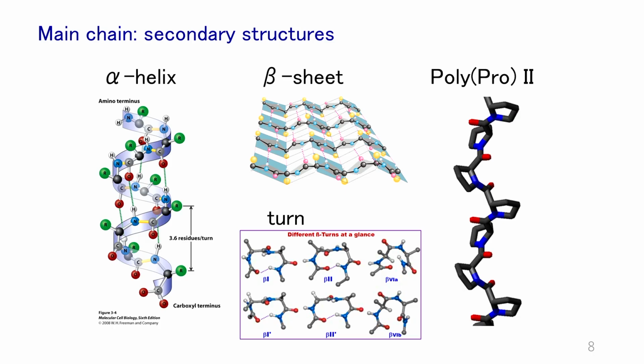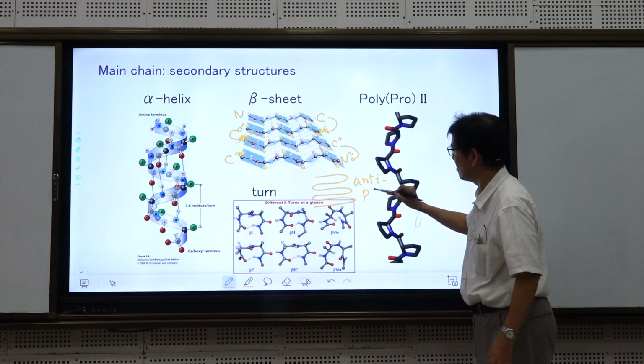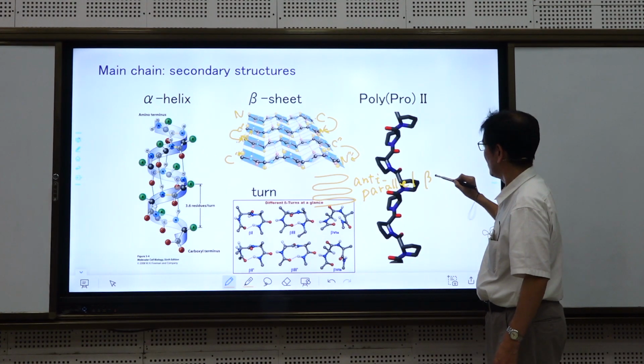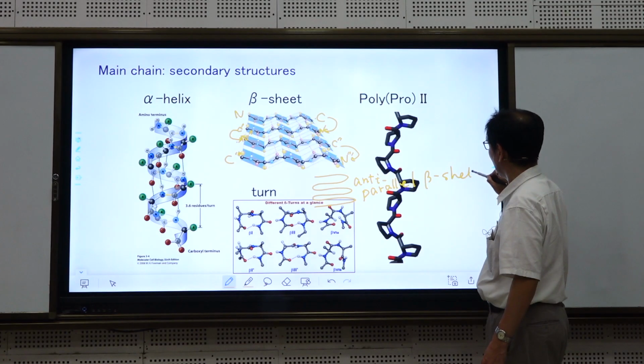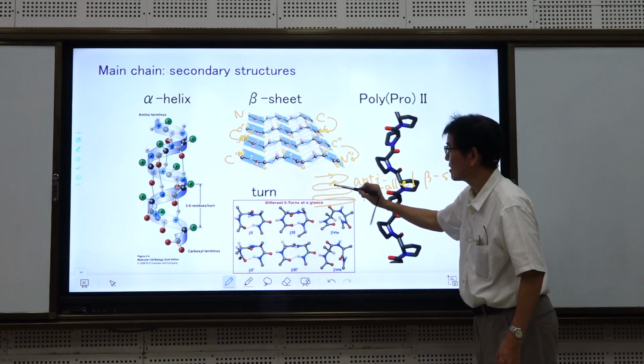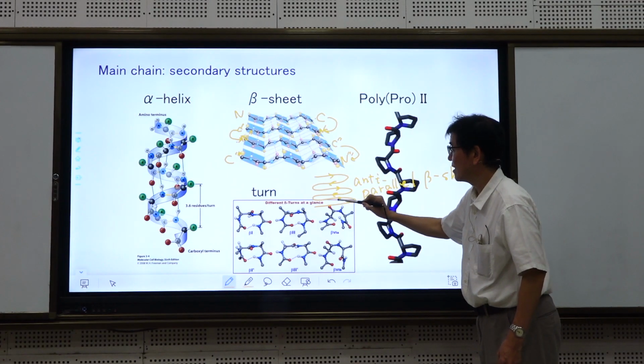So by including the turn structure, it may form such a sheet structure. This is so-called anti-parallel beta sheet structure. This is anti-parallel, right?